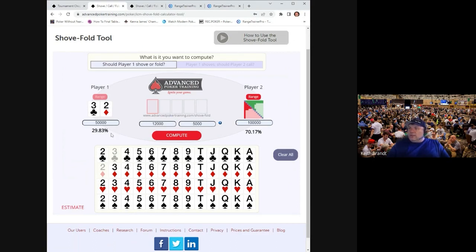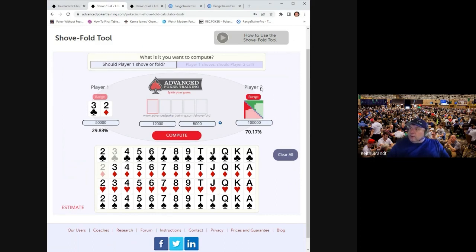So this part of it is an equity calculator, right? I've given player 1 the worst possible hand to jam with, 3-2 offsuit. He's got 50,000 chips. There's 12,000 chips in the pot.